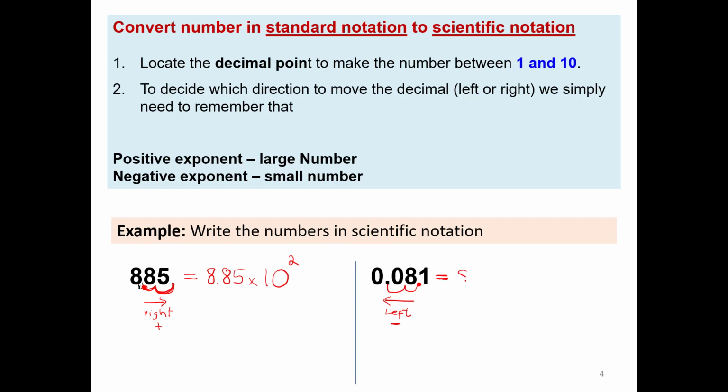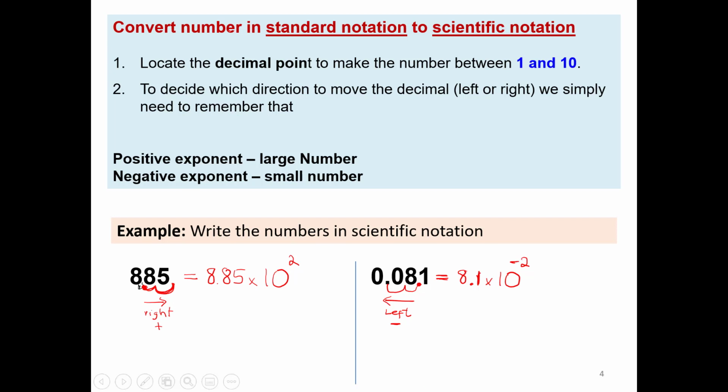Then here let's write, this number is between 1 and 10 multiplied by power of 10. 1, 2, and we know this must be negative. Then 885 equals 8.85 times 10 to the power 2, and 0.081 is 8.1 times 10 to the power minus 2.